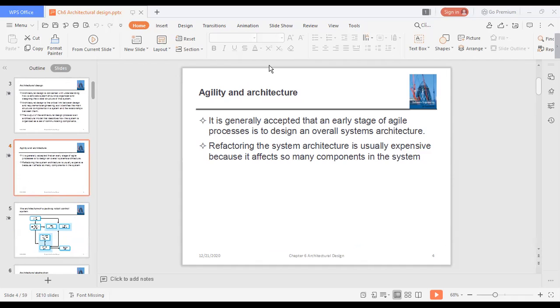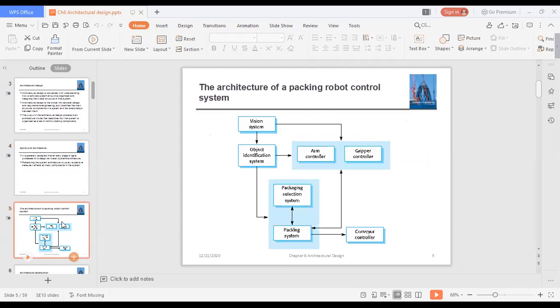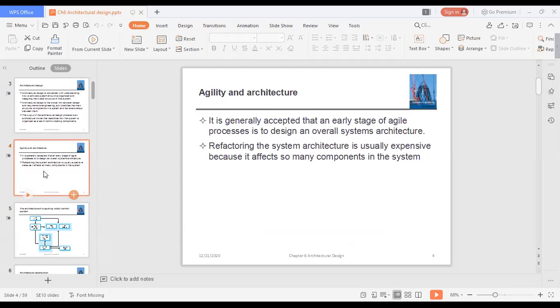Agile definitely followed the documentation, but as soon as we come up with the output. So definitely, if we look at the design, here we are going to learn the architectural design. From requirements we came up with this particular design.